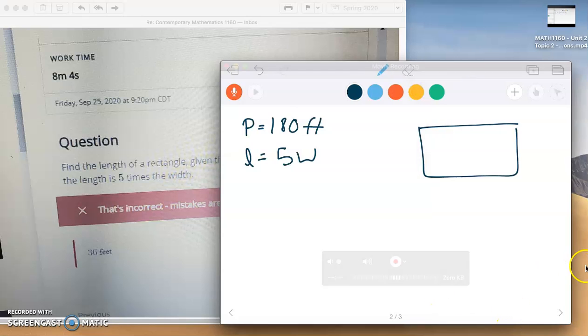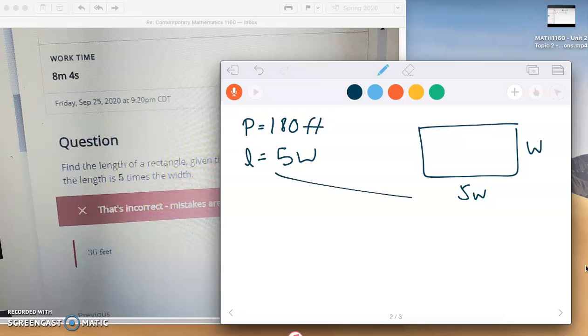Now, one thing I want to show you really quick, I just use that lowercase cursive L. That's really common for L, that way you're not getting confused with 1. All right, so we know you have some width and then your length is 5W, right, from over here. And we know that the full perimeter equals 180.